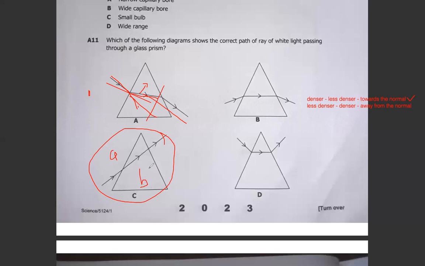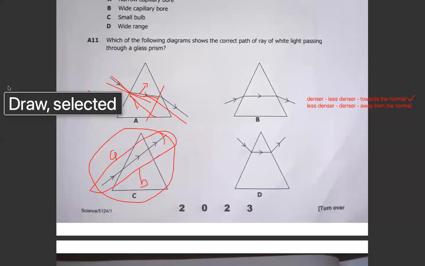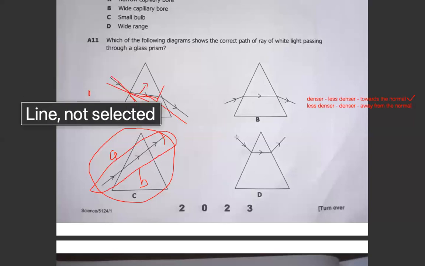Now, because air and the glass prism are of different density, this can never happen. We expect the ray of light to do a little bit of bending. So this is wrong. This is grade 9 science. What about this other one that we have on D?